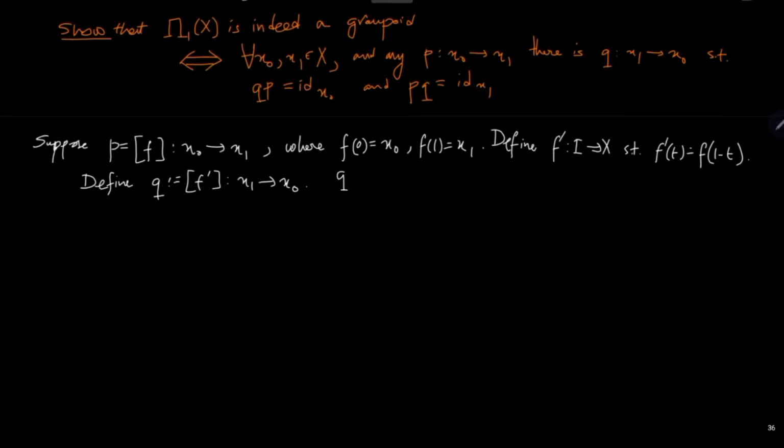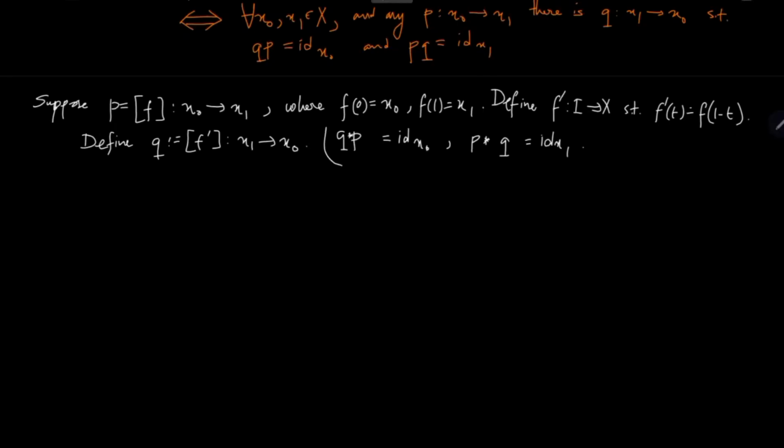Now what remains to show is that qp, or q star p, is equal to the identity on x0, and p star q the identity on x1.